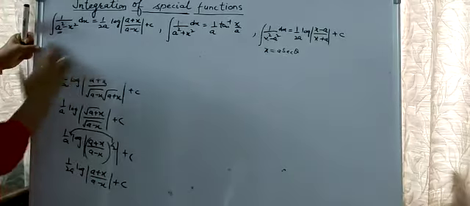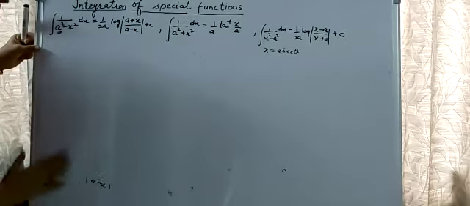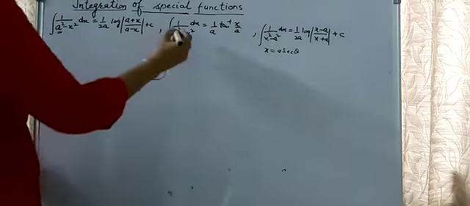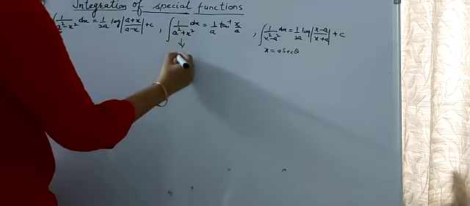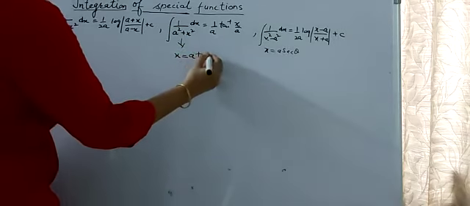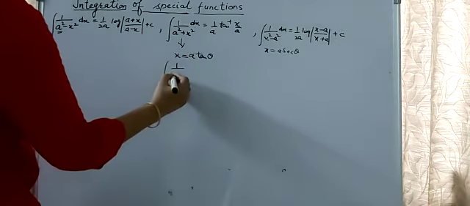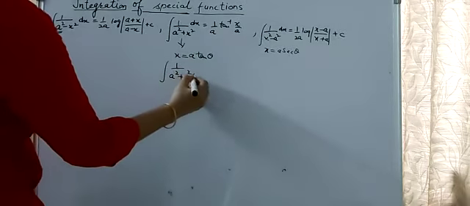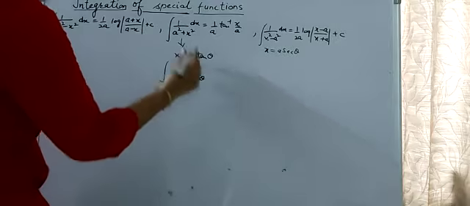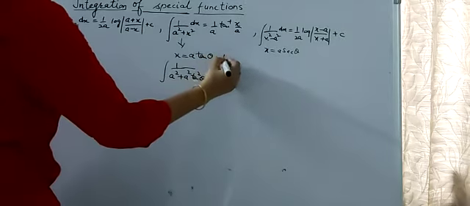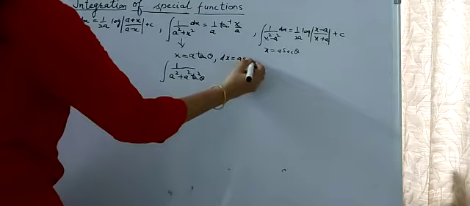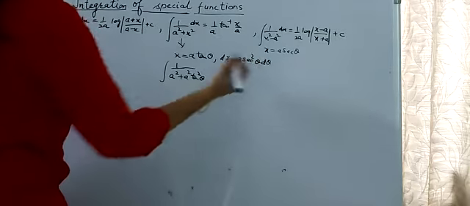Now I am going to discuss the concept of 1 upon a square plus x square. Students, I told you that if the question is of the form a square plus x square, then we put x is equal to a tan theta. So this will become a square plus a square tan square theta. Instead of dx, we take its derivative, so this will become a secant square theta d theta.